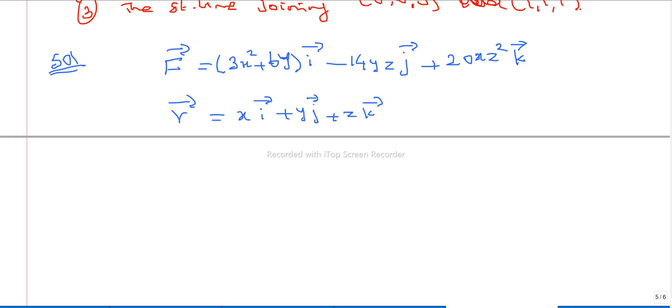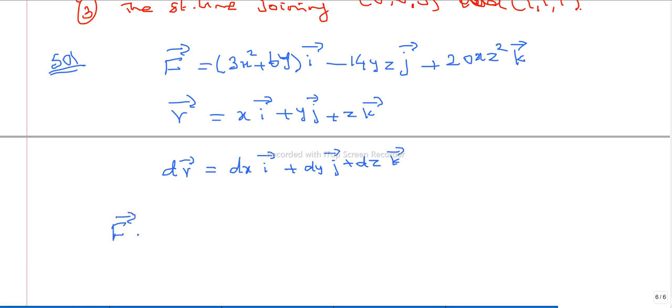Now what is dr? The dr vector is nothing but the differentiation, that is dx times i vector plus dy times j plus dz times k. Now what is F dot dr? You have to multiply term by term.